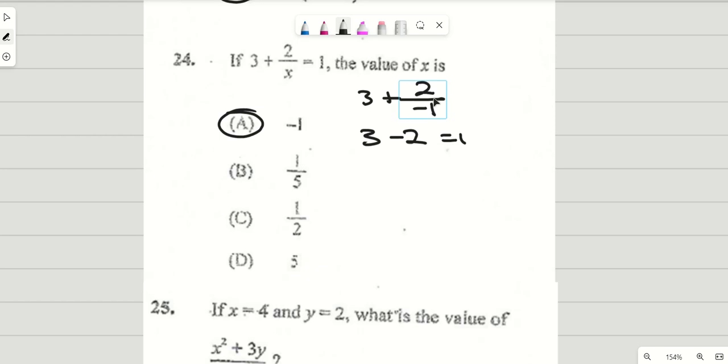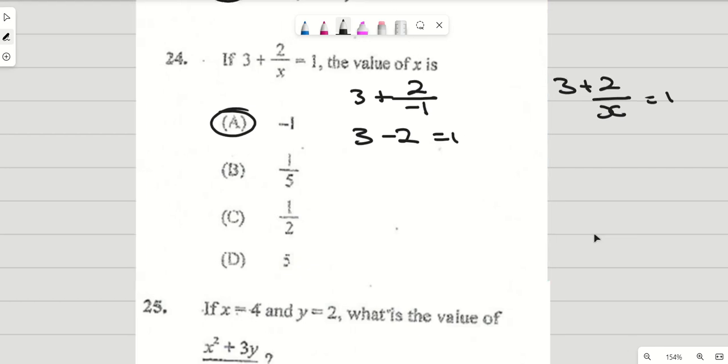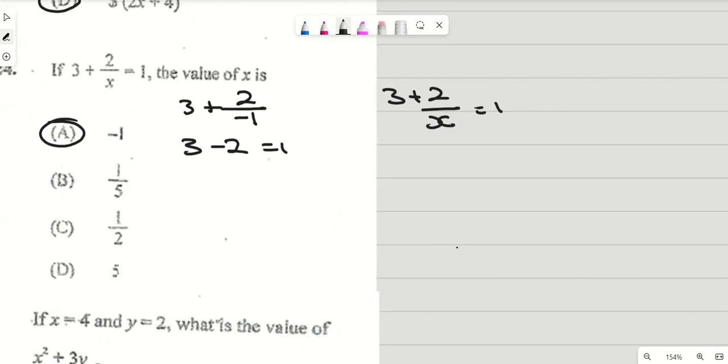Or you could have done it like this, which is 3 plus 2 over x is equal to 1. We want to make x the subject of the formula. So what we would do is multiply this entire thing by x. So you're going to get 3 by x is 3x, 2 over x by x would be plus 2, and 1 by x is 1x.